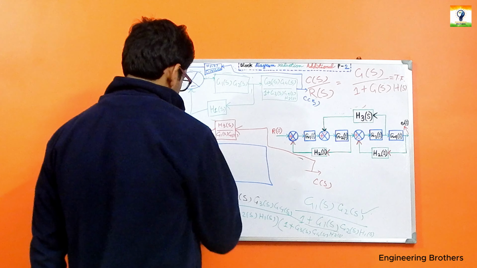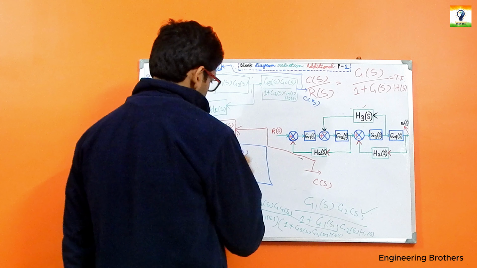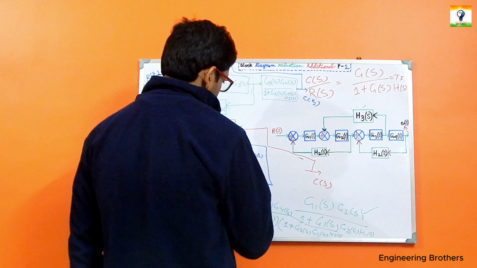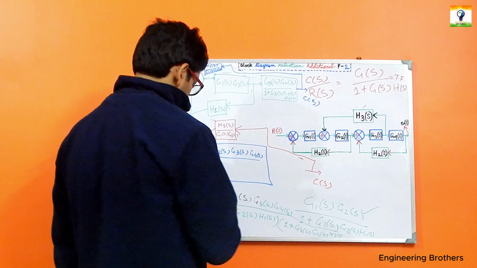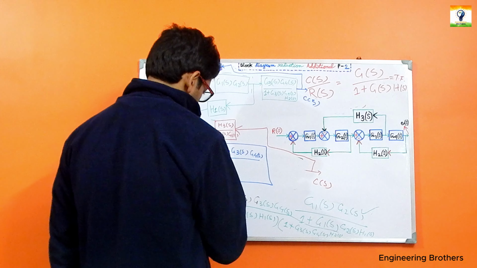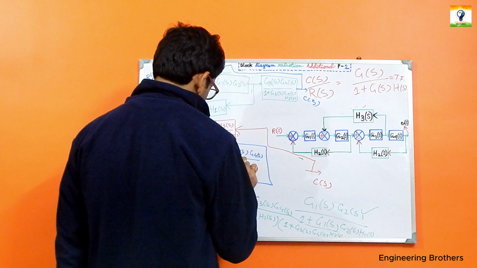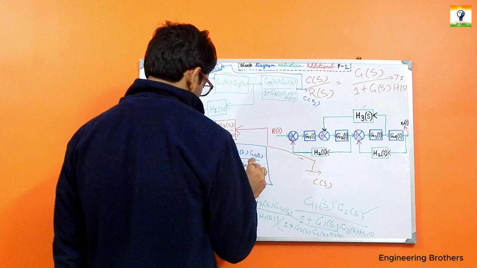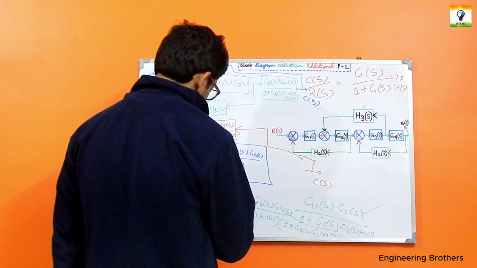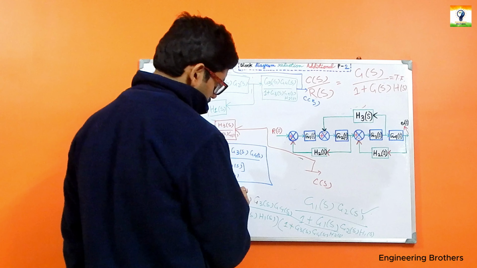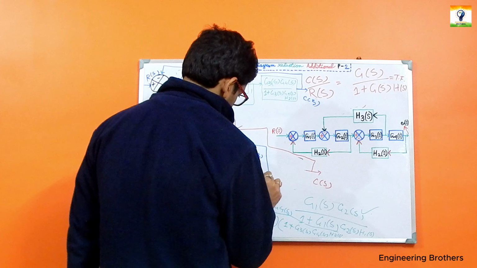This one is G1s G2s G3s G4s divided by our 1 plus G1s G2s H1s, that will be multiplied with our 1 plus G3s G4s H2s.